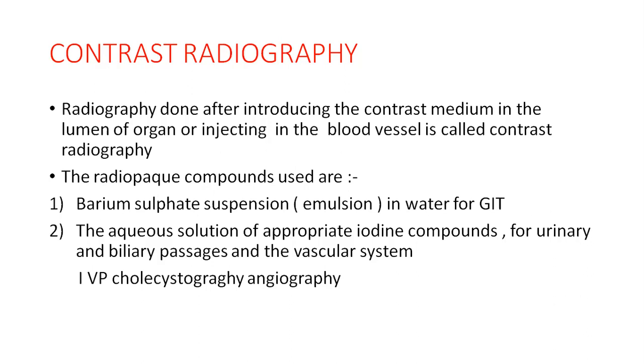In IVP, intravenous pyelography, the kidneys, ureter, and urinary bladder are examined. And in cholecystography, after a similar injection of the contrast media, we take the radiographs of the gall bladder and the ducts.